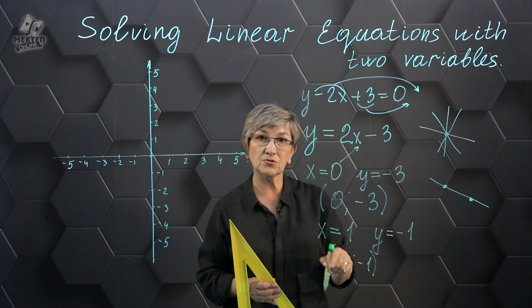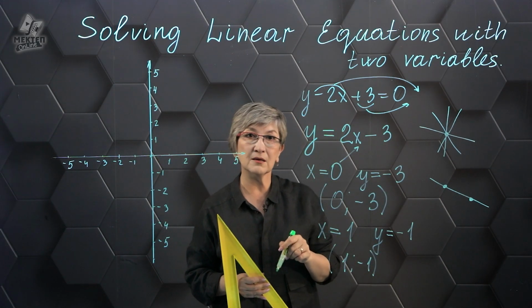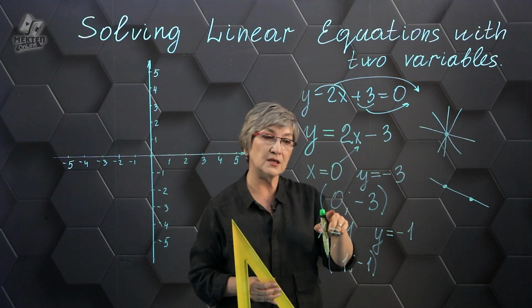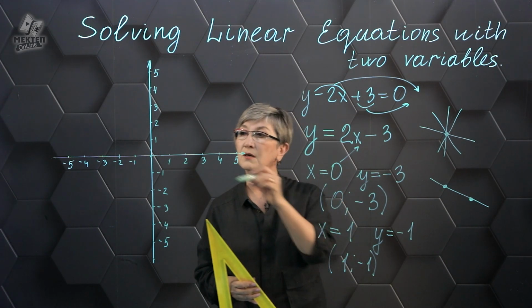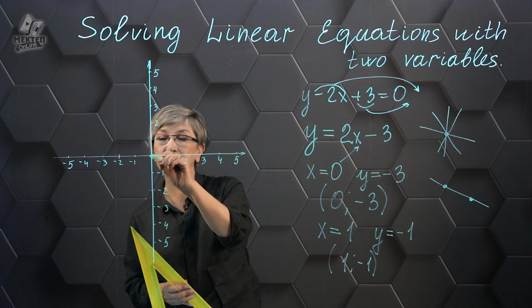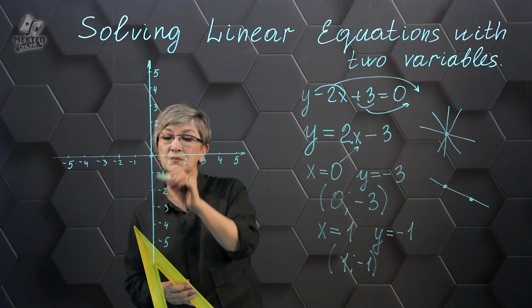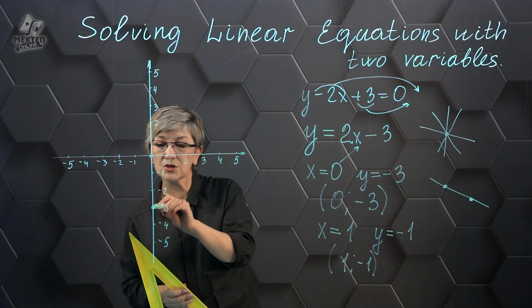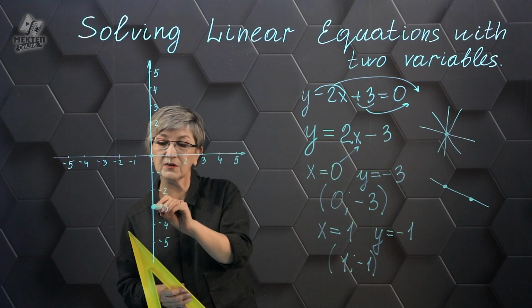Let's plot these points on the coordinate plane. The first point is 0 and minus 3. We're not moving on the x-axis, and minus 3. This is a point on the y-axis, that's the first point.